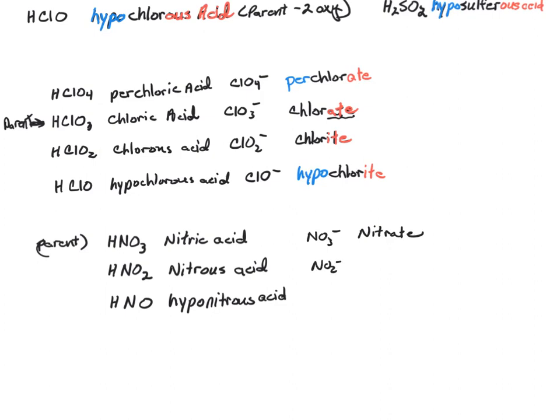This is the version that has one less oxygen, so this becomes nitrite. And then HNO, if it exists, would be NO minus, and that's going to be hyponitrite. And these patterns go on for all of the different oxoacids that I've shown you.